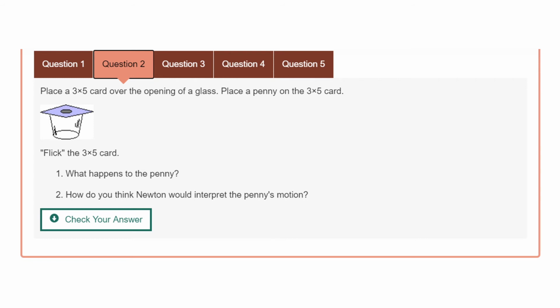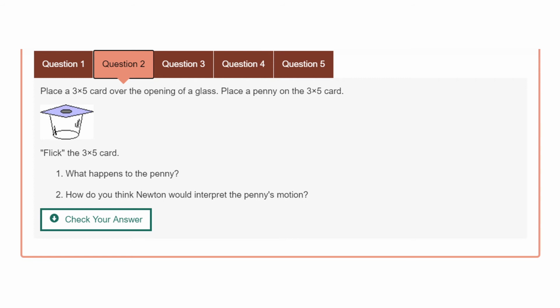And number 2, how do you think Newton will interpret the penny's motion? Newton will argue that if we move it slowly, then it will be following the first Newton's law, because there is not a force that is higher than the inertia that the penny already has in the state of rest.